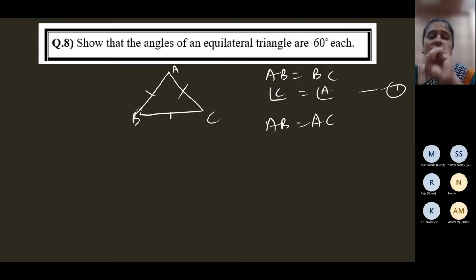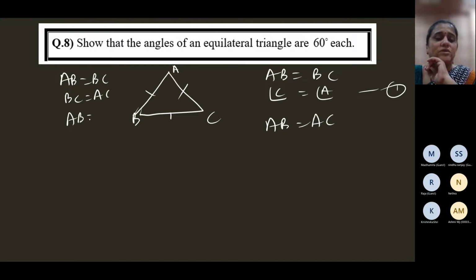We can write three things: AB is equal to BC, BC is equal to AC, AB is equal to AC. When all the three sides are equal, you write any two. That's enough. So opposite to AB is angle C. Opposite to AC is angle B.